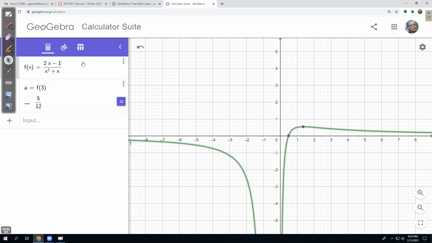So we've got x squared minus 3x over 2x squared minus 5x minus 3.